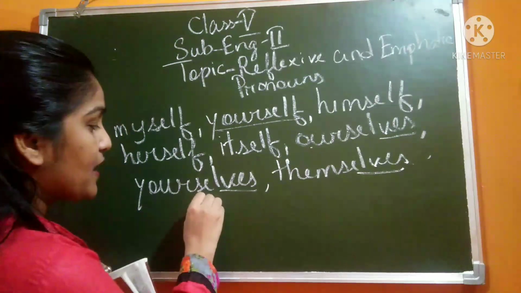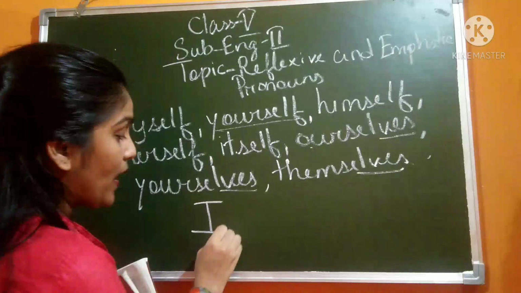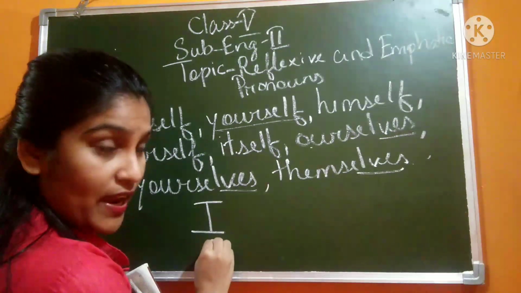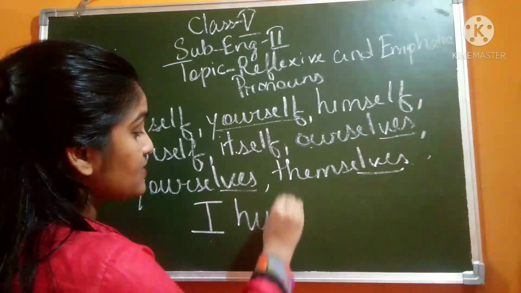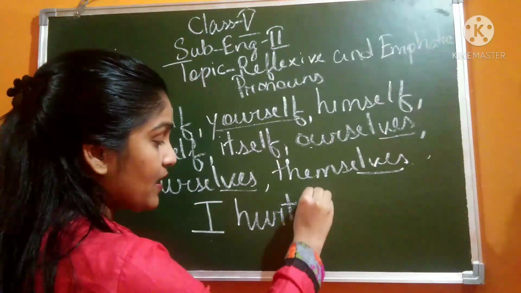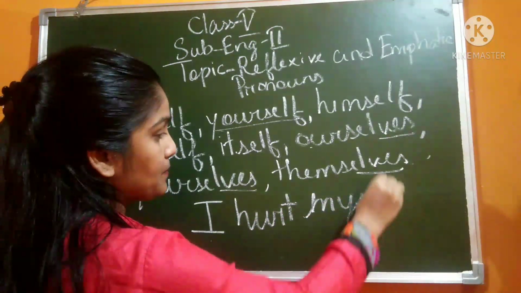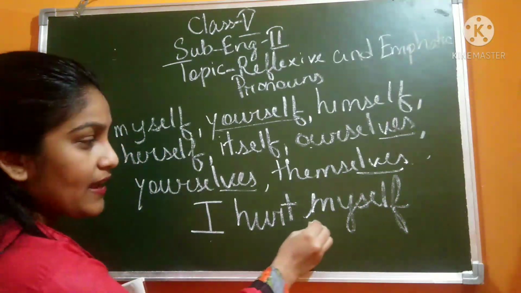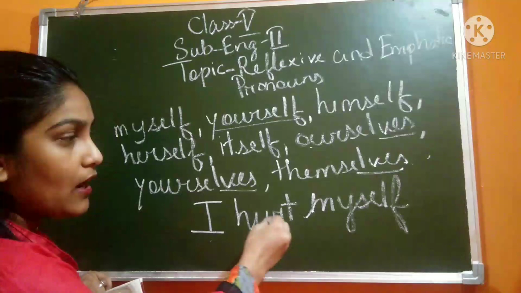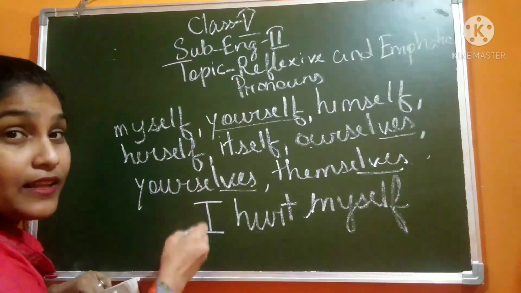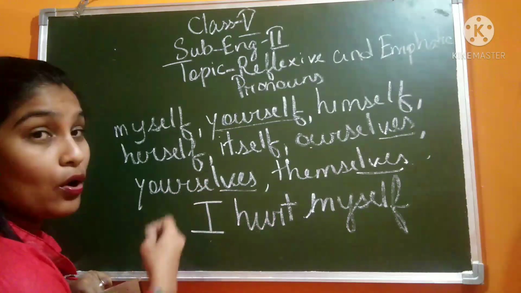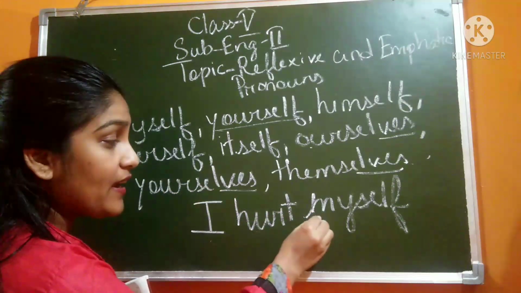So what are reflexive pronouns? Reflexive pronouns are the pronouns where the action done by the subject affects the subject itself. So, I hurt myself. This is used as the object of the verb. I hurt myself. That means the action done by the subject reflects or turns back to the subject itself.